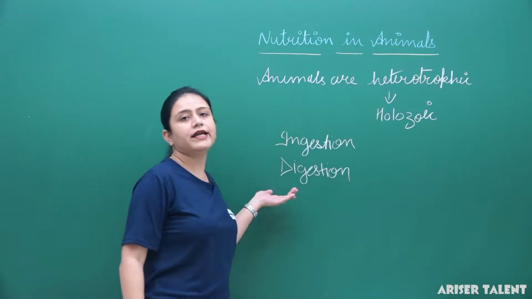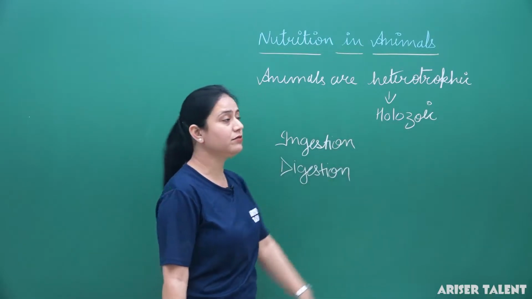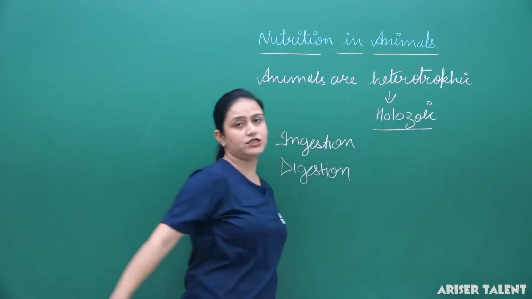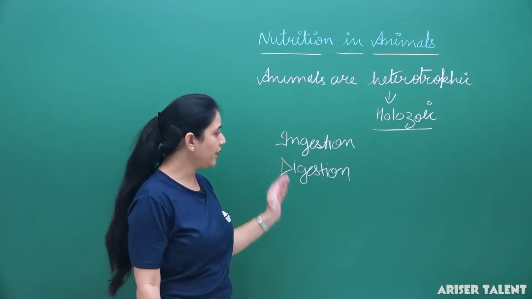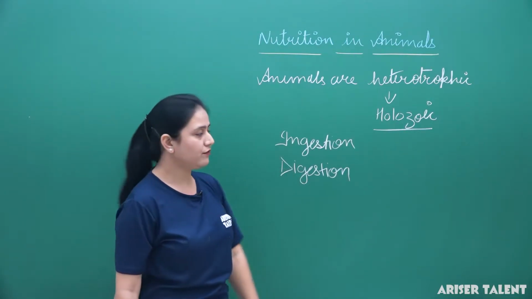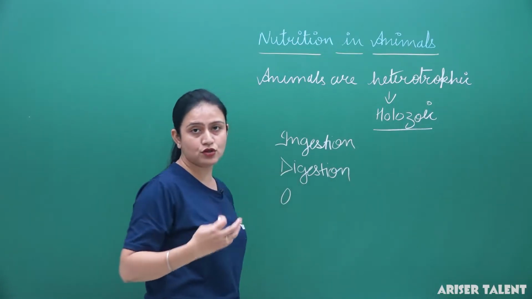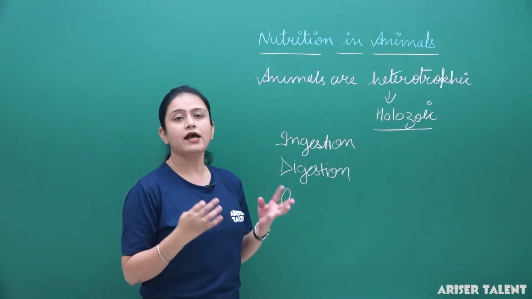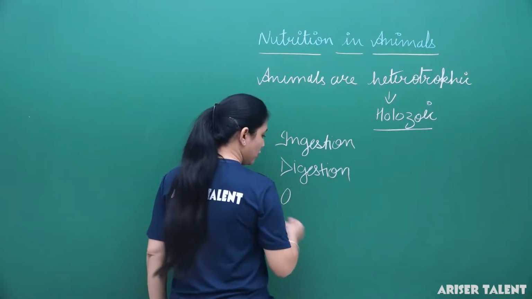Here I told you animals are holozoic in nature, so when they take in solid food material, it breaks down into a simpler form. Then it gets absorbed, means nutrients are absorbed by the body. So another process is absorption.